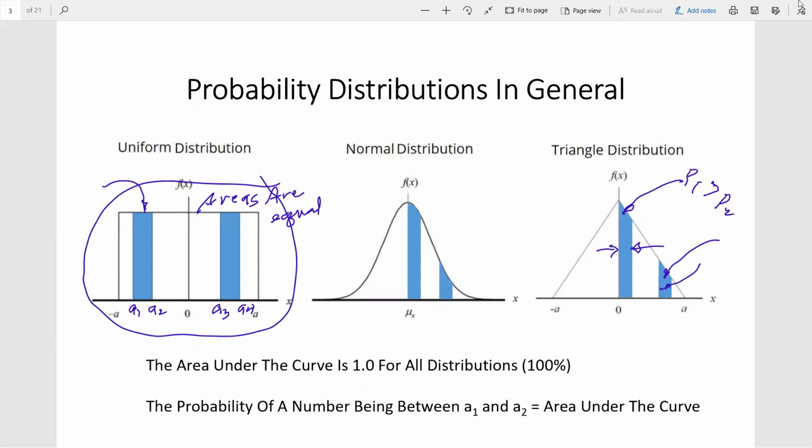And of course, it's the same for a normal distribution. It turns out that the data is peaked at the mean, and the probability of data being near there is going to be greater than being further out.